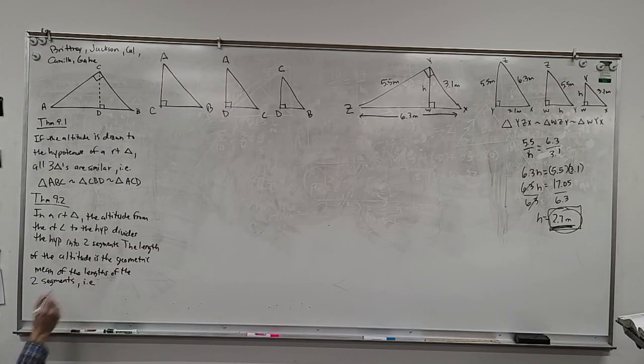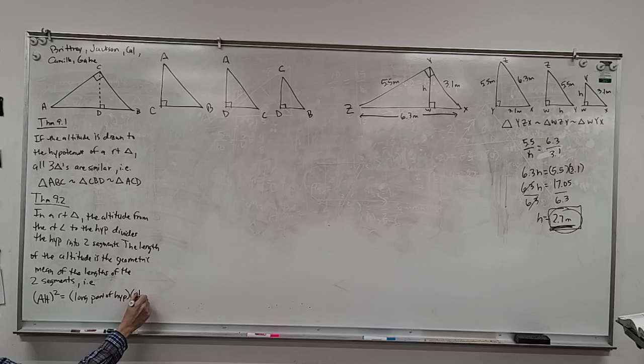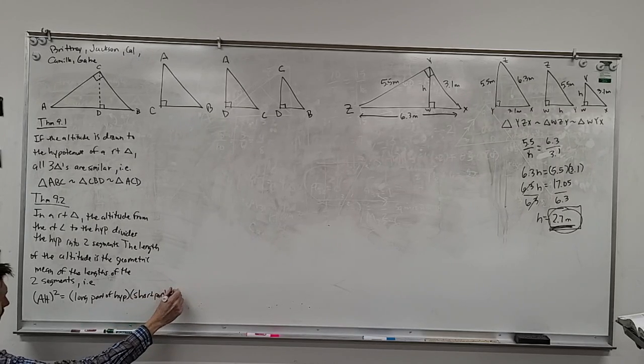In other words, altitude squared equals long part of hypotenuse times the short part of hypotenuse.